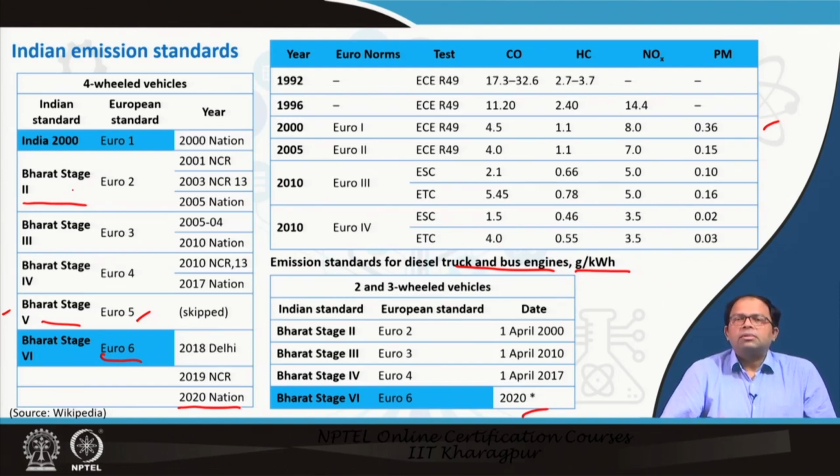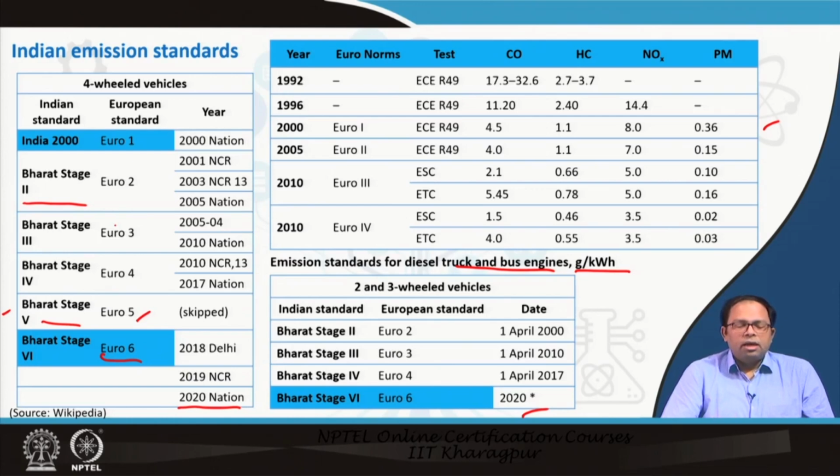Now, when we are trying to determine total emission for a particular city or an urban area, we need to understand how many of these vehicles belong to which category. This will tell us what kind of maximum emissions this kind of vehicle is likely to produce, and also the related technologies that have been used in those vehicles.